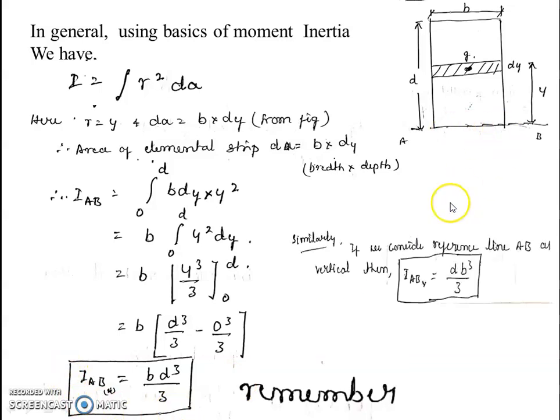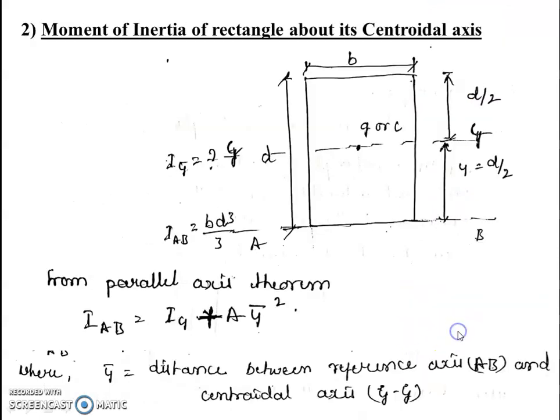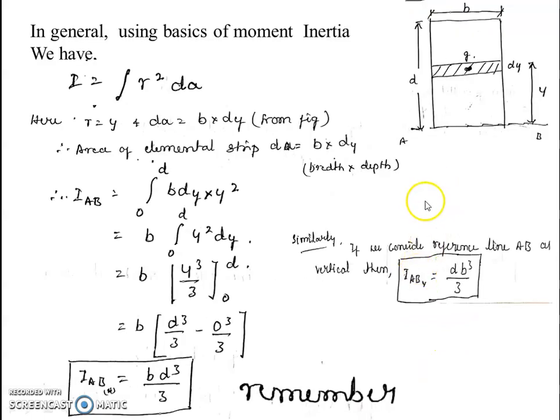Similarly, if I take the base as vertical like this, then I_AB vertical becomes, if I consider this side as the base, then the depth will be my base.